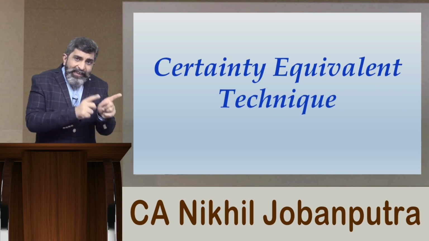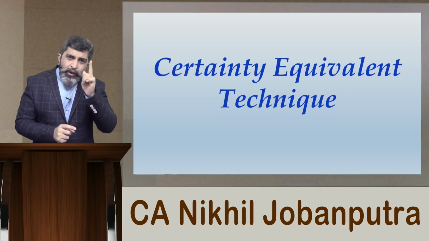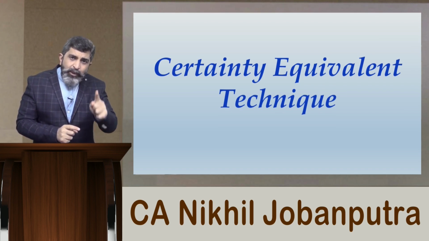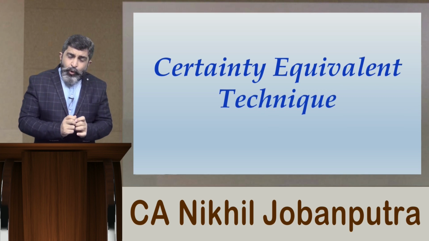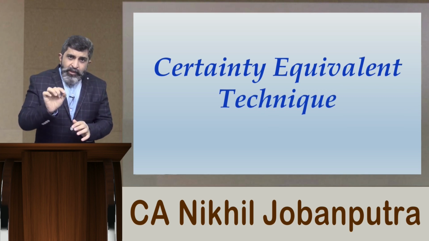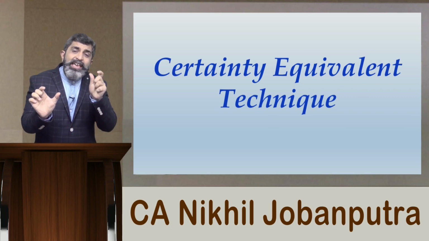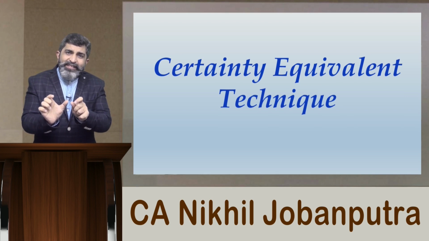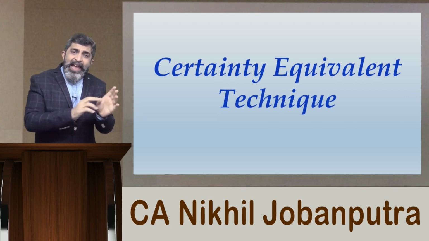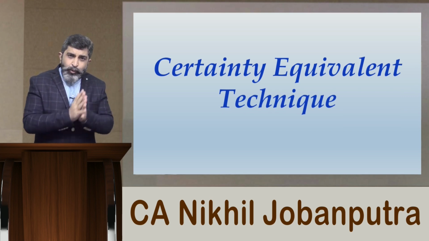We will call 8 lakhs not a certain amount of cash flow, but we will call it certainty equivalent cash flow, CECF. Now, to compute the certainty equivalent cash flow, what will be informed to you? The estimated cash flow of 10 lakhs and the certainty equivalent factor as 0.8. So 10 lakhs multiplied by 0.8 will give you 8 lakhs of CECF, that is certainty equivalent cash flows.